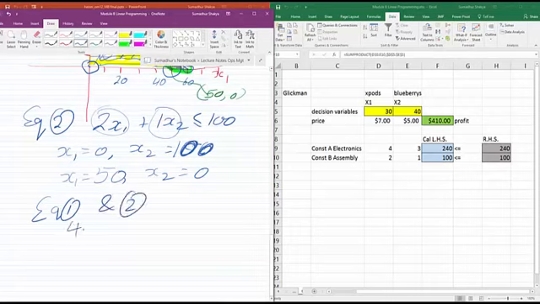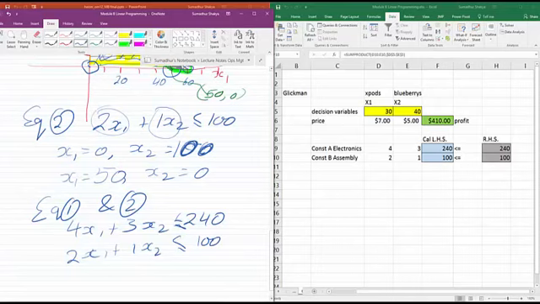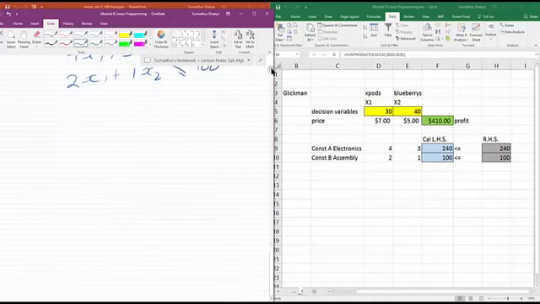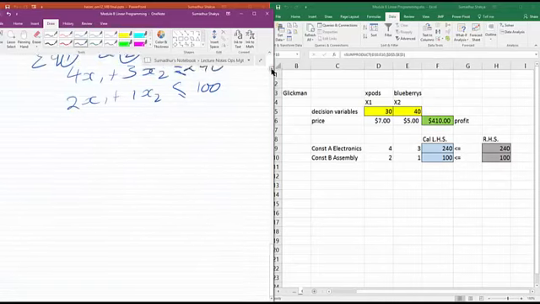Our equation 1 was 4x1 plus 3x2 less than 240, and 2x1 plus 1x2 less than or equal to 100. At this point my intention is to remove one of the variables such that I can find the value of the other.